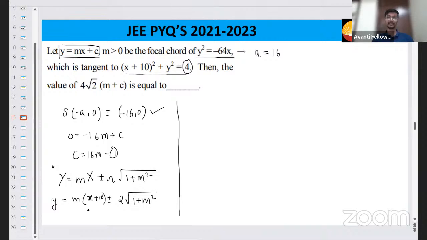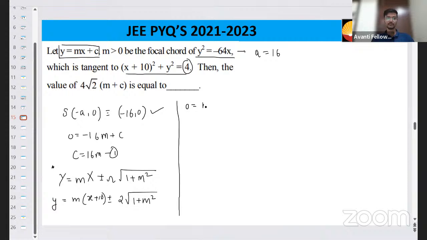Now, see again, guys, this line passes through the point (-16, 0). Why? Because it's the same line as the focal chord. So we'll substitute (-16, 0).